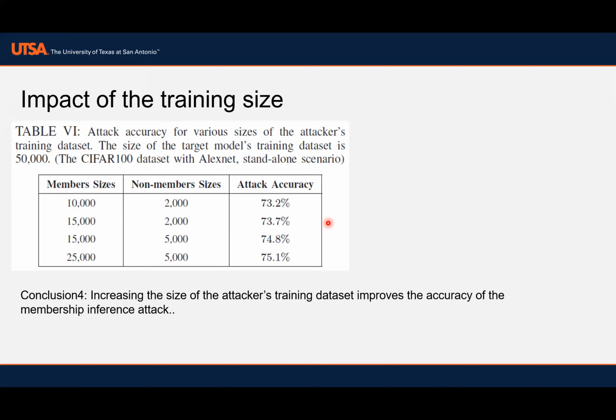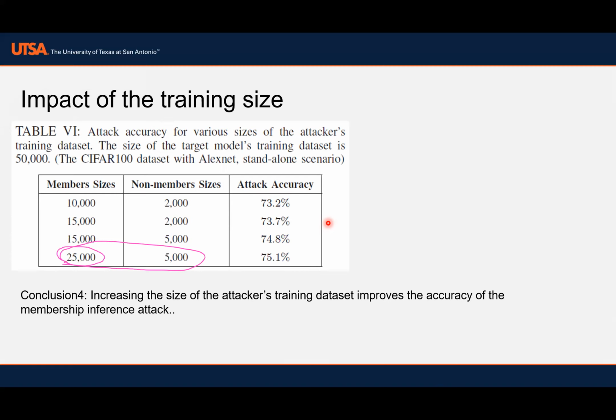You mean that, if you see the table, for the attacker, he has various sizes of data sets. So for this line, does that mean that the attacker knows this is the amount of data that belongs to the original training data set?